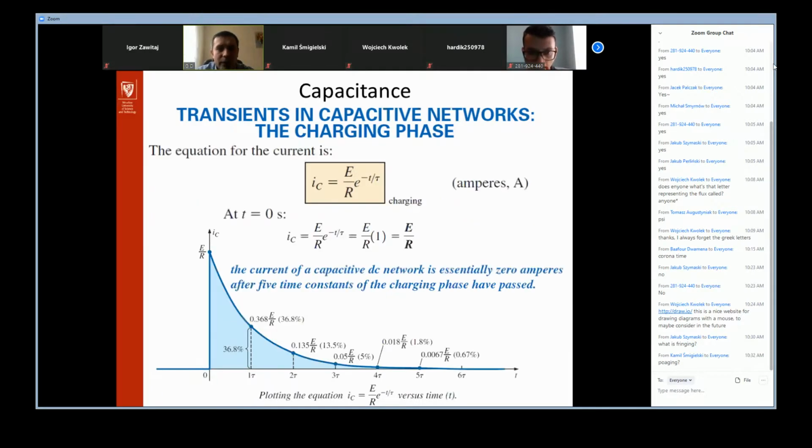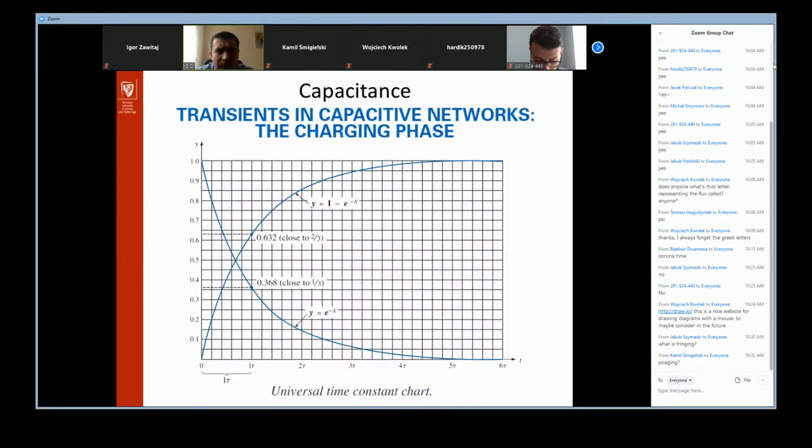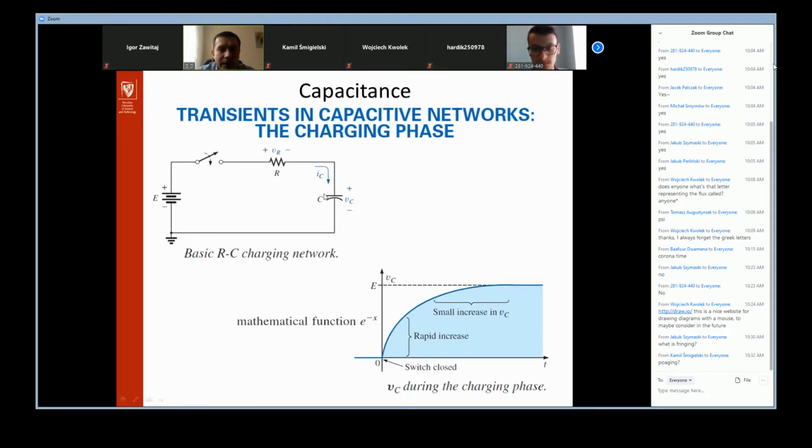What happens with the current observed in the closed loop? In this case, how does it look? Okay, it's opposite to the voltage function. Why? Because at the first moment, when the capacitor was empty, every electron from the top side wanted to go to the bottom one very quickly.